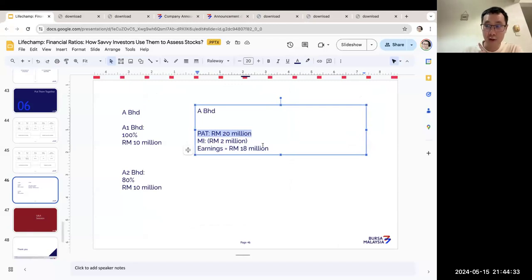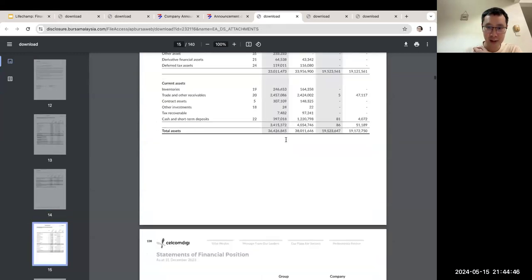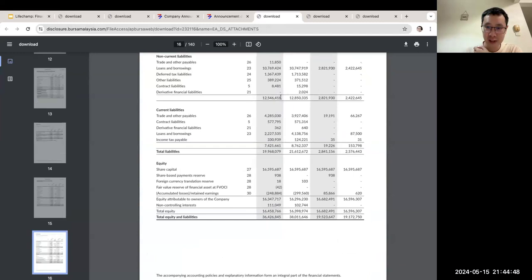But if you're looking at return on equity, use this. Okay, so that's for ratio number 2. Now, for gearing ratio, in this case, take this, divide by this.